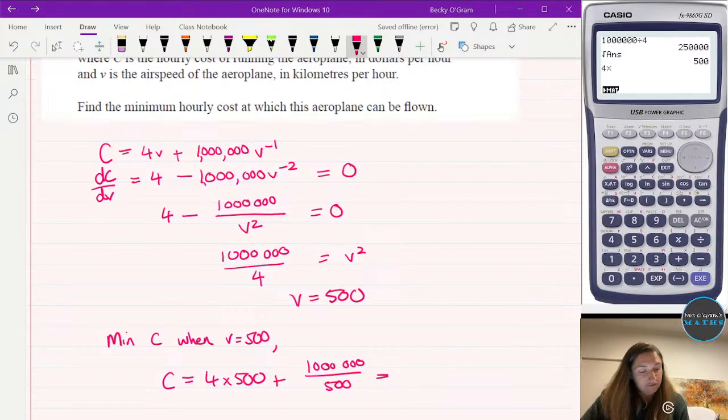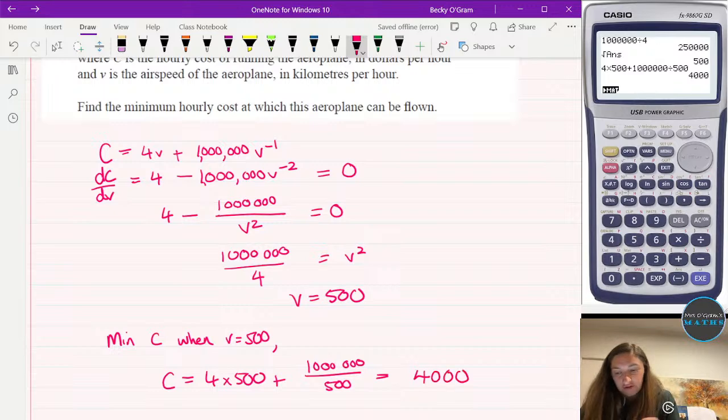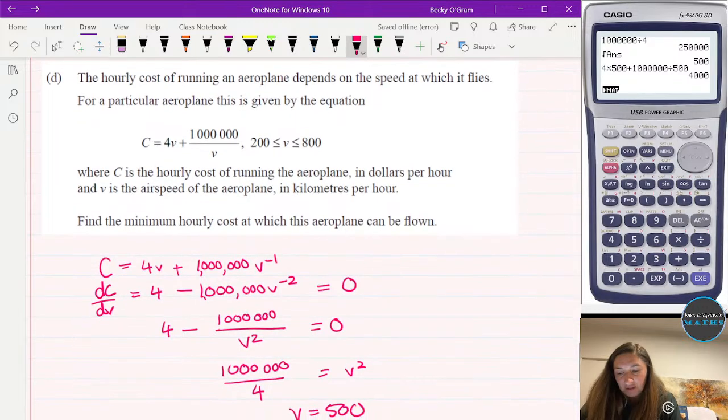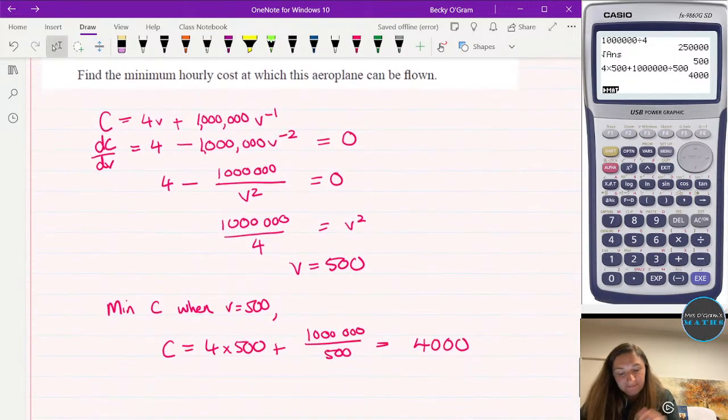So we have 4 times 500 plus 1,000,000 divided by 500, which is 4,000. And I'm just going to go check the units being used here. Dollars per hour.